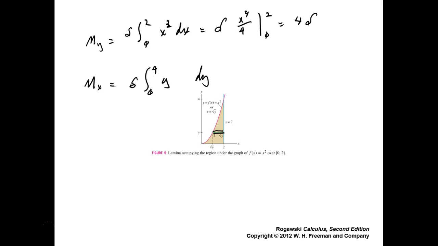So this curve right here is the square root of y, so it's 2 minus the square root of y. That's the length of that, right? The right minus left. Greater minus less. So it's 2 minus the square root of y. So that's going to be your, and can I write that rather than square root as something else?